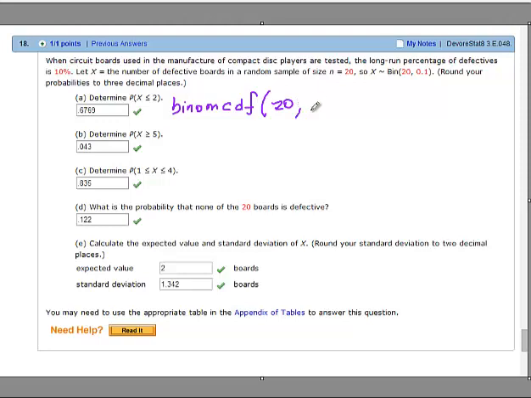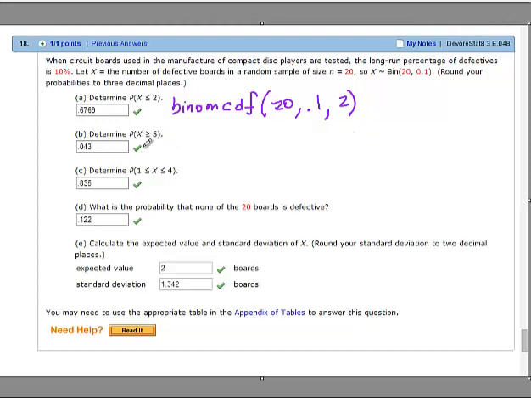My p, or my probability, is 0.1, and I want less than or equal to 2, so I'm just going to put a 2 in there. And if you do that, you get the exact answer from your calculator that's listed.